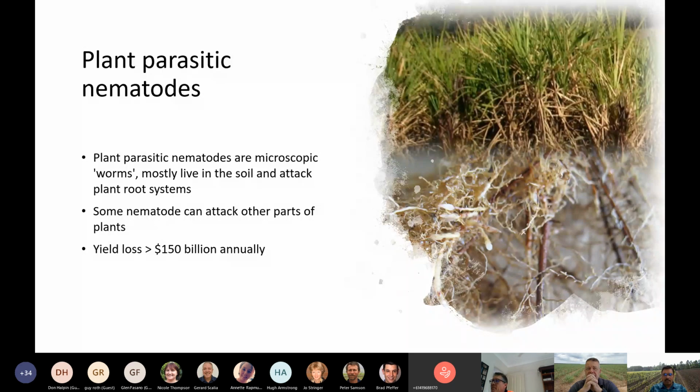I think plant parasitic nematodes are a huge problem for food security for the world, because across all horticulture and agriculture crops, nematodes cost around $150 billion in loss of productivity.